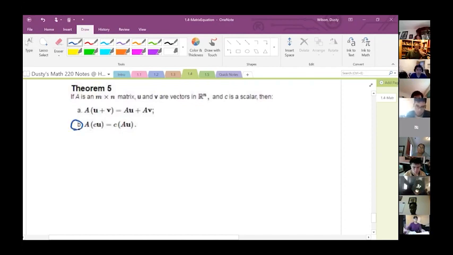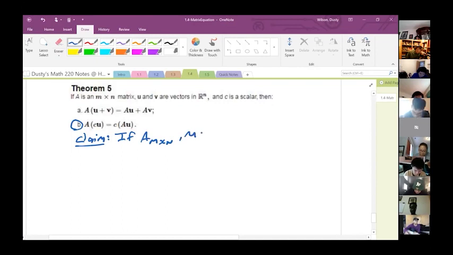So again, there are those three lines that we have right at the top of every proof. So we're going to start by writing our claim. Our claim is basically everything that's above. So it says, if we have our A matrix, which is m by n, u, well, I guess I just need u.